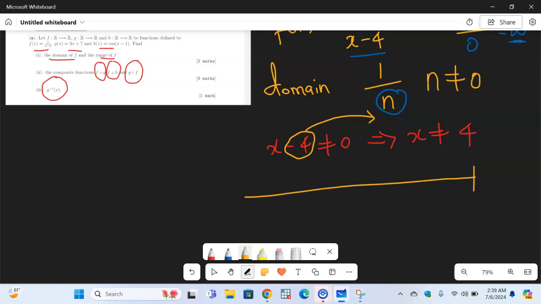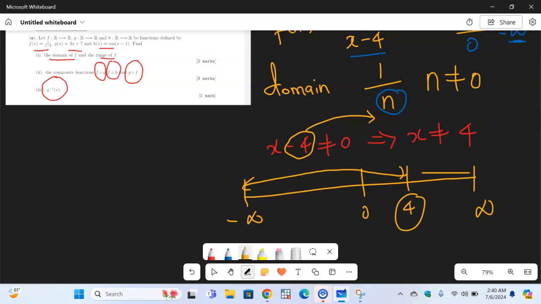From negative infinity to infinity, this is our 0. x cannot be equal to 4. So we are including everything until here, and also everything here, but not this point. This point is where our domain is not defined.